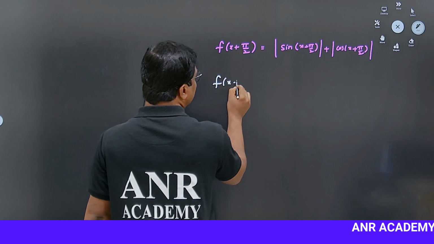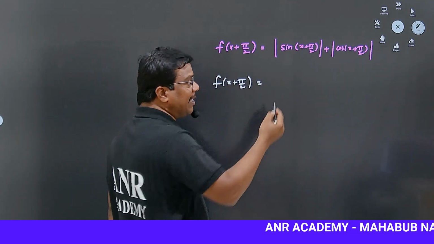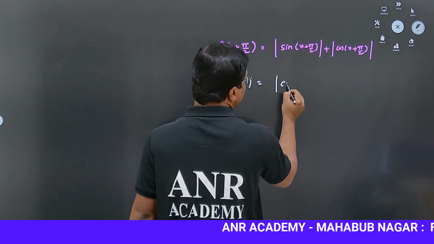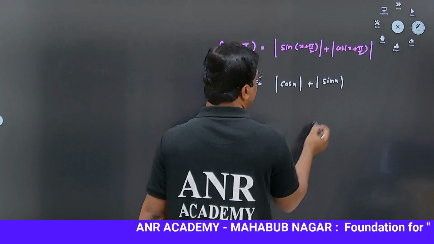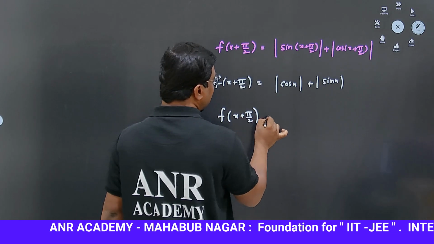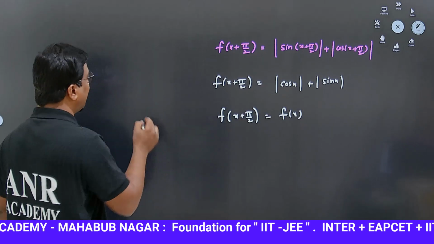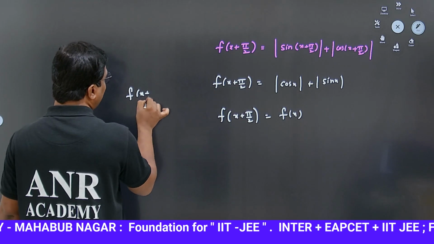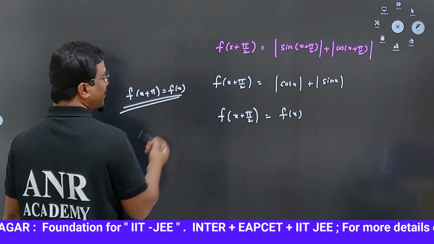And now sine 90 plus theta is cos theta, so that is mod cos x, and here it becomes mod sin x, and clearly it is f of x. So pi by 2 is also a period. In the previous case we got f of x plus pi also equal to f of x.